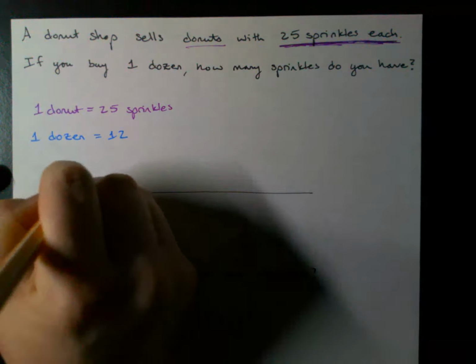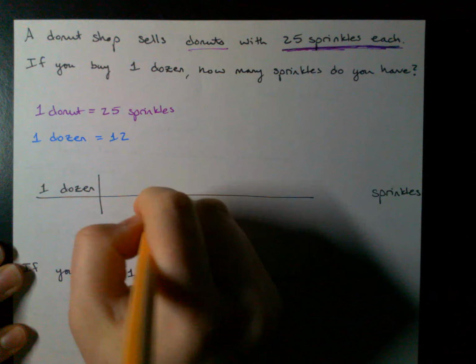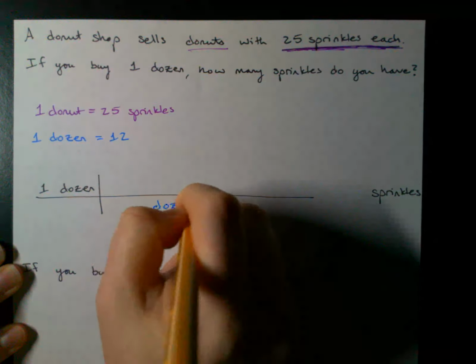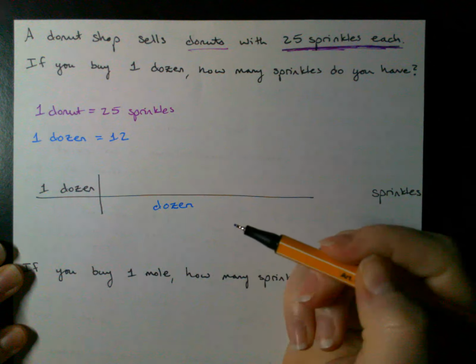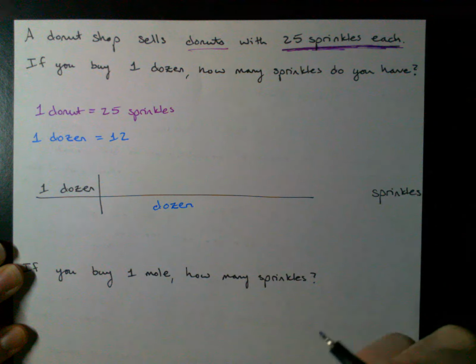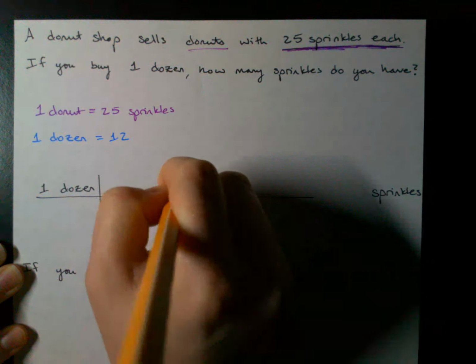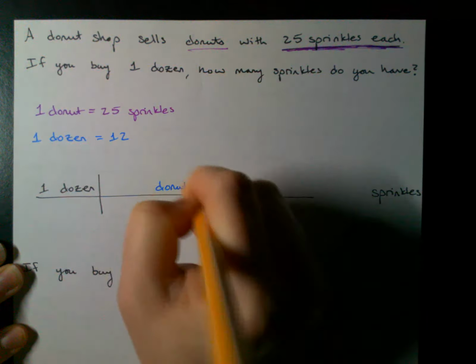I don't want dozen in my final answer, right? What I'm being asked is how many sprinkles do I have at the very end? Okay. I want to get to the point where I just have sprinkles. So a dozen donuts. I need to get rid of a dozen. I want to put it on the other side. Okay. Notice my colors match up. So if I have a dozen donuts and I'm trying to get through to sprinkles, then I'm going to say, okay, a dozen is 12 donuts.